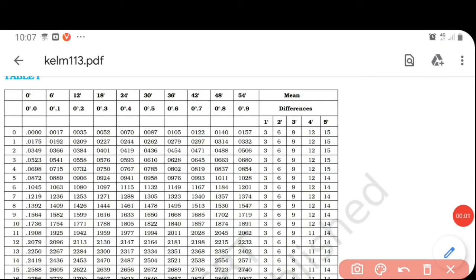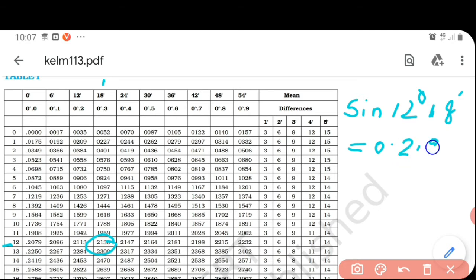Now one more example we will discuss, sine 12 degree 18 minute. To find sine of 12 degree 18 minute, we have to look in the row 12 degree, that is this row, and in the column 18 minute. When we look at that value, we'll get 0.2130.